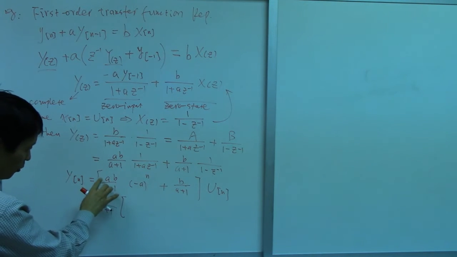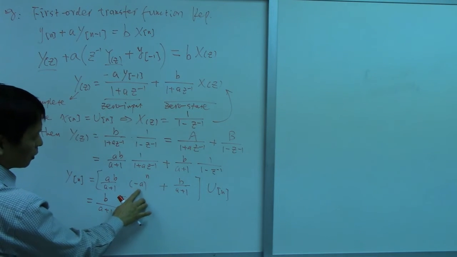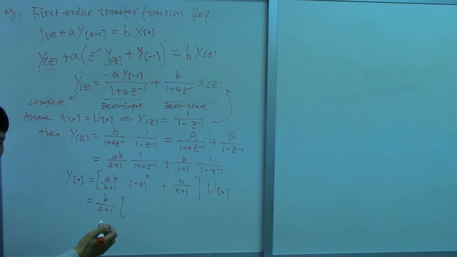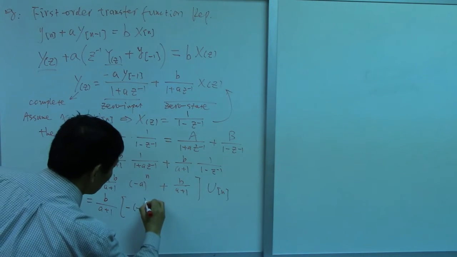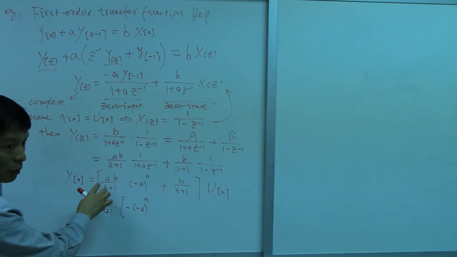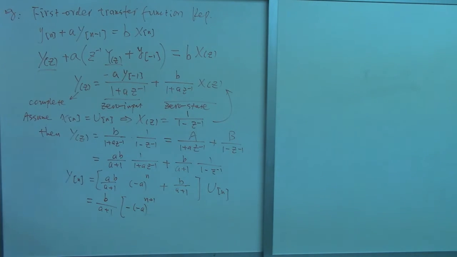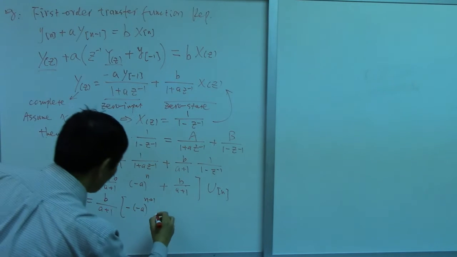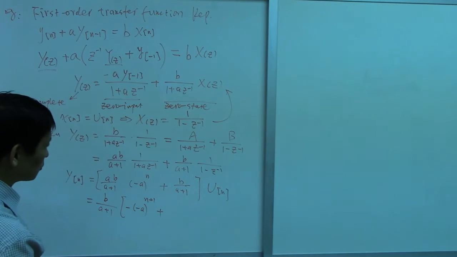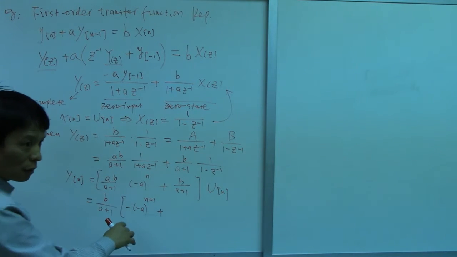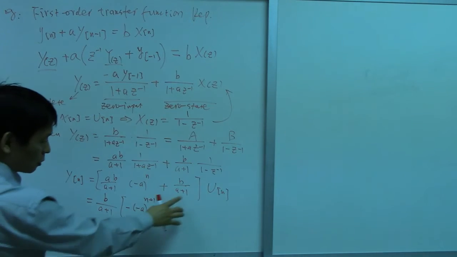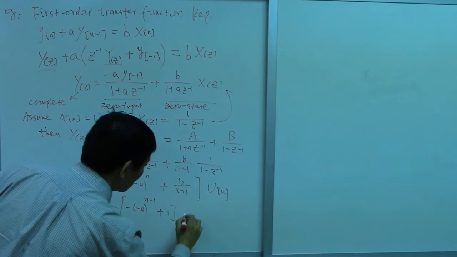If we had negative a to the n, that's easy. But we don't have that one, so it will be negative a to the n, original n, then we have another one, so that will be n plus 1. So this is this term, then plus, this part is done. We move this coefficient outside, so then this is fine, times u[n].